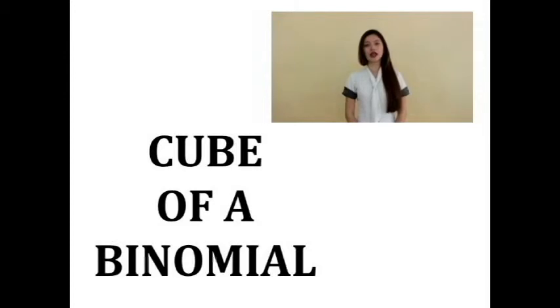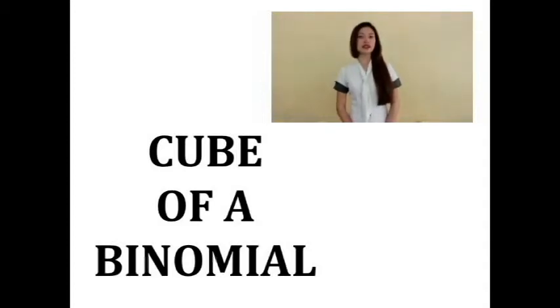First, find the cube of the first term. Next, thrice the product of the square of the first term and the second term. Next is to find thrice the product of the first term and the square of the second term. Lastly, find the cube of the last term.